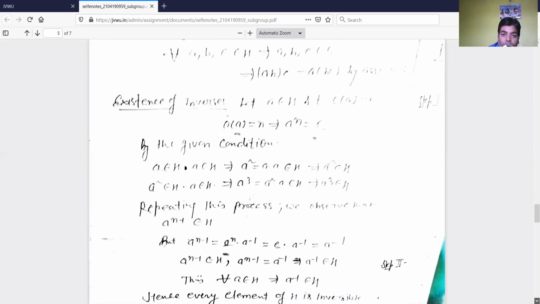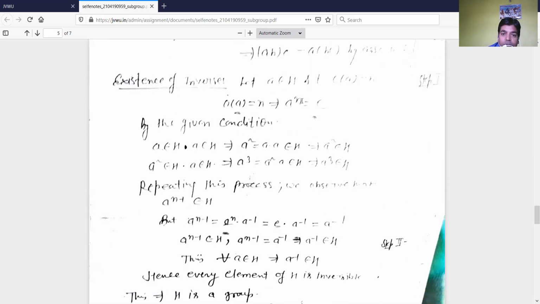Now we will talk about the existence of inverse. Let A belongs to H such that the order of A is equal to n. The order of A is n means A to the power n is equal to the identity element, where n is the smallest positive integer.